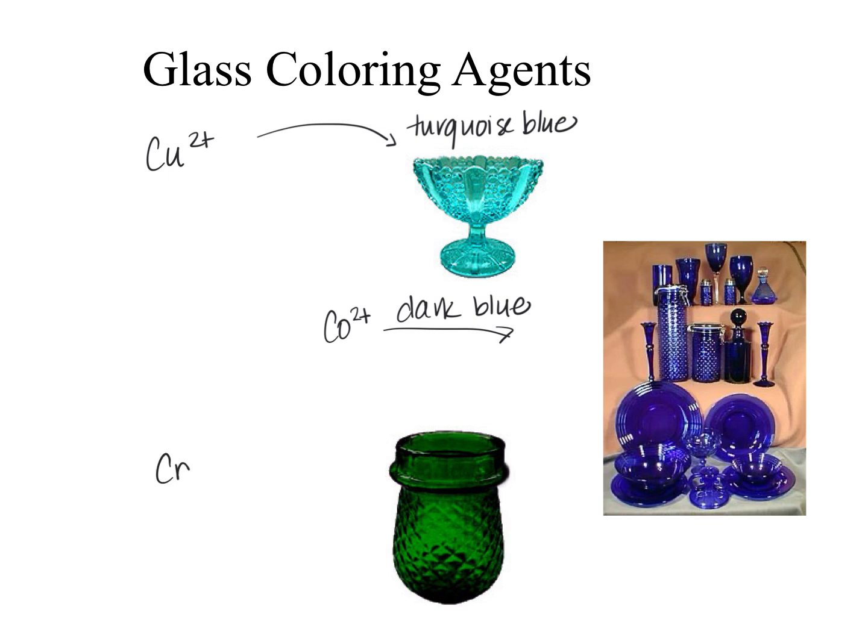And then chromium, as either chromium oxide or potassium chromate, gives us this really pretty dark green. And if you notice, you can get a dark green with iron.